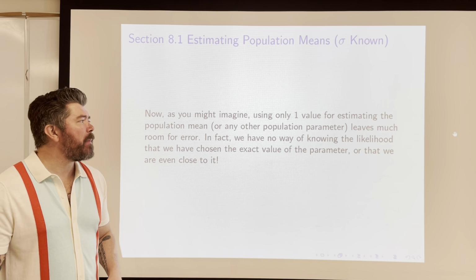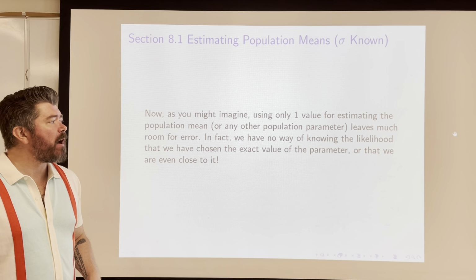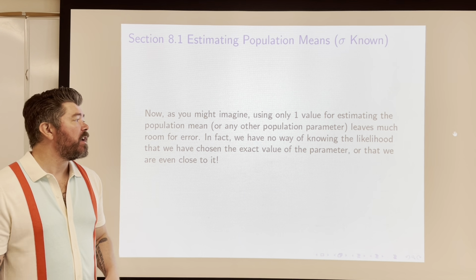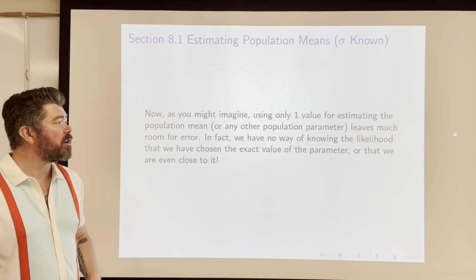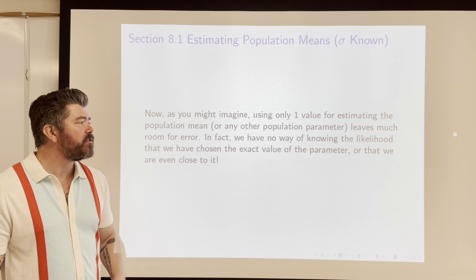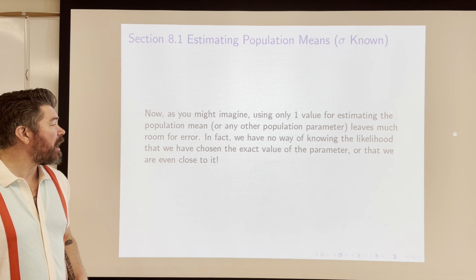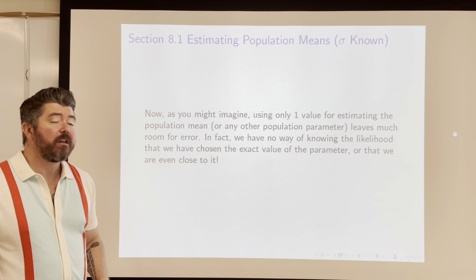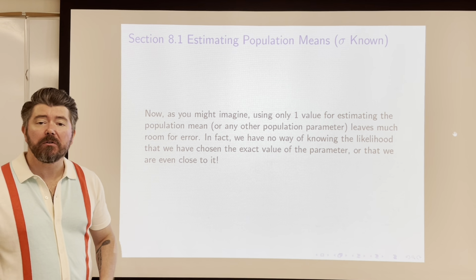Now, as you might imagine, using only one value for estimating the population mean or any other population parameter leaves much room for error. In fact, we have no way of knowing the likelihood that we have chosen the exact value of the parameter, or that we are even close to it, right?